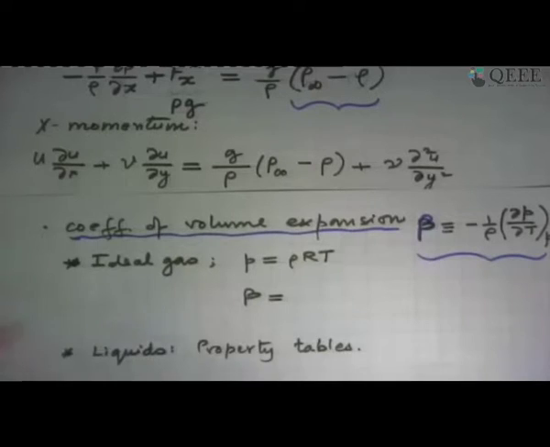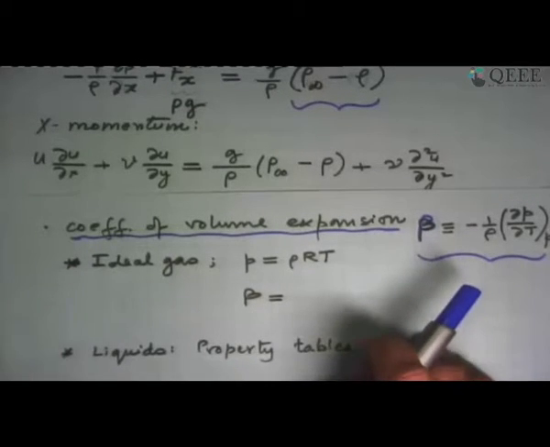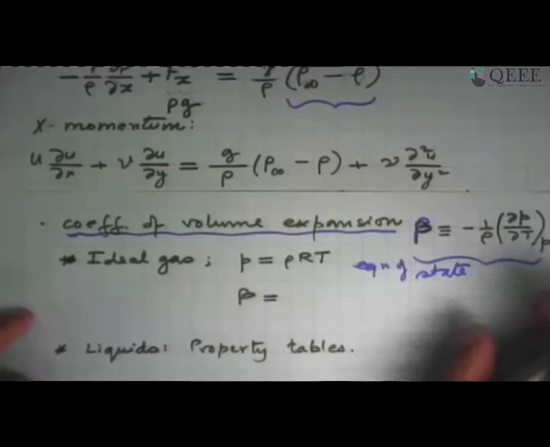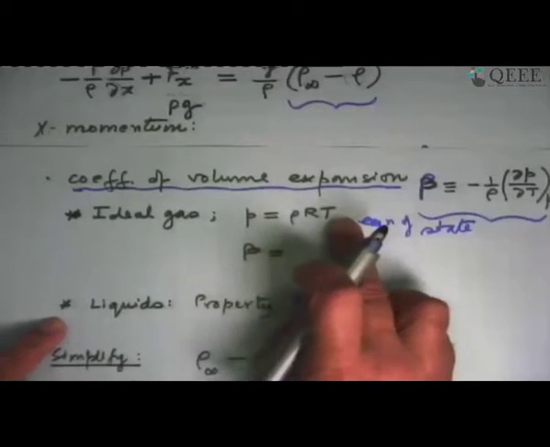So we look at two cases. One, an ideal gas, where we have the equation of state P equal to rho RT, and you can differentiate it and see what the equation is. But if it is a liquid where we don't have an exact equation of state like this, then we have no option but to go to the property tables and use correlations from there to get this volume expansion coefficient.